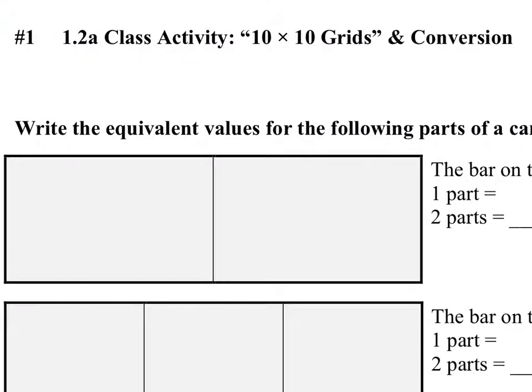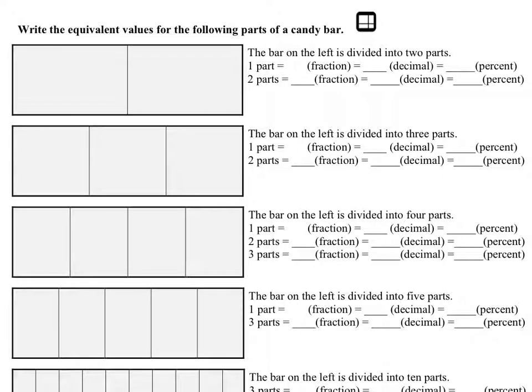So we're starting this stuff. We'll just be looking at changing some fractions into decimals and decimals to fractions, and we'll mix those up as well. And so for this first one, we got that bar, and it has been broken up into two parts. So one of those parts, that's that first one, it's one of these parts.